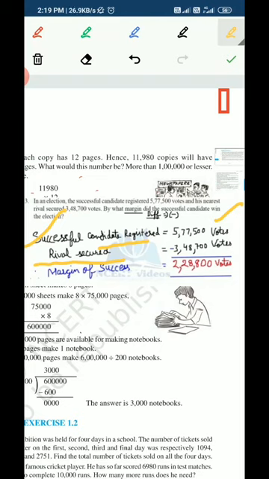That is 3,48,700 votes. So by what margin did the successful candidate win? So margin of success, what is the difference of the votes with the number that the candidate has won?